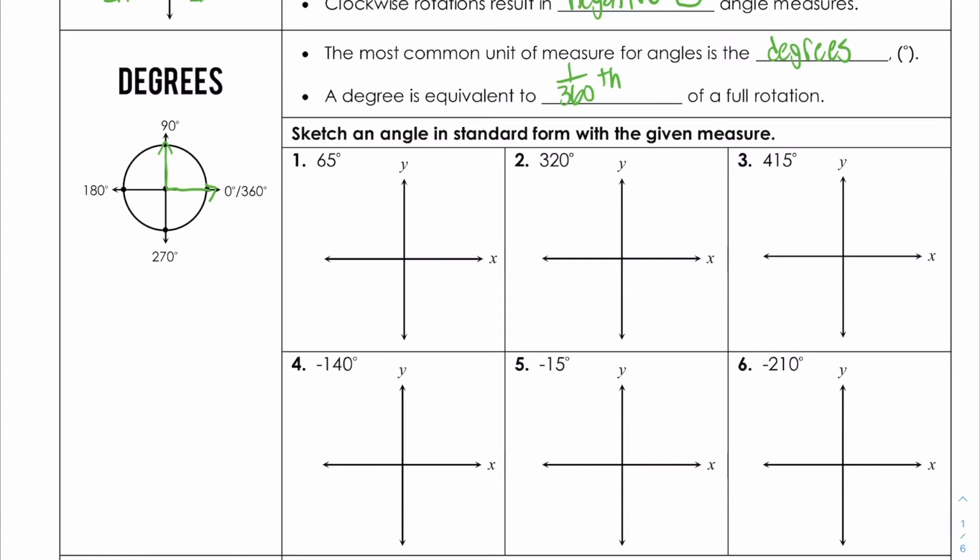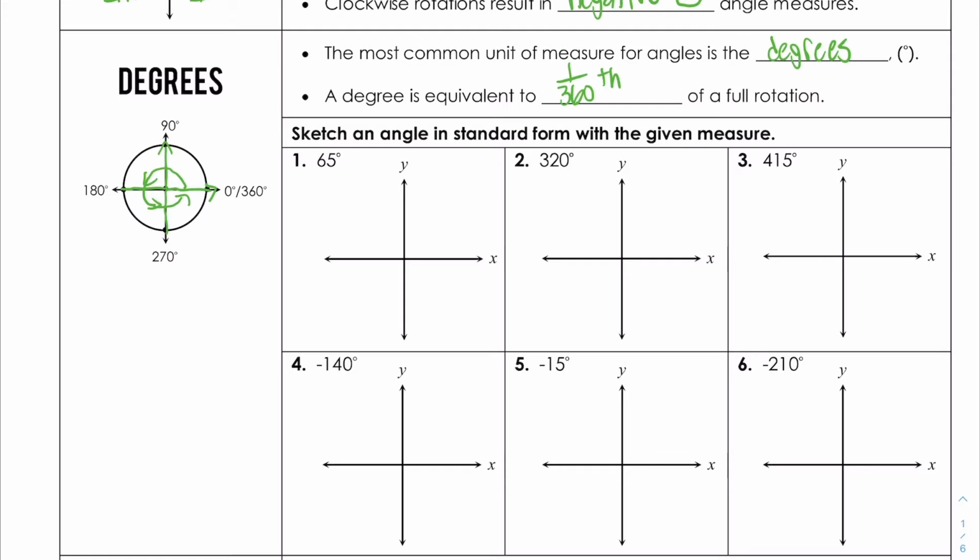Straight up is a 90-degree angle from the x-axis. If you start at the x-axis and then you end up going halfway around a circle, that's 180 degrees. If you go 90 more degrees, that gets you to 270. And if you extended 4 90-degree rotations, that would be the full 360 degrees around a circle.